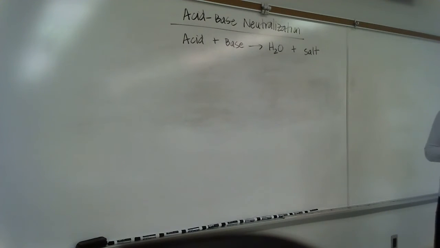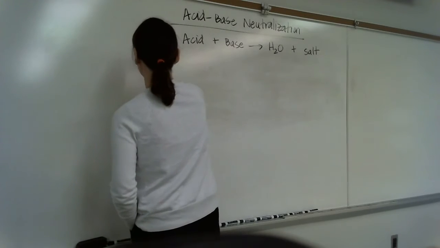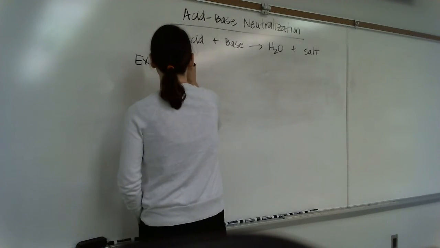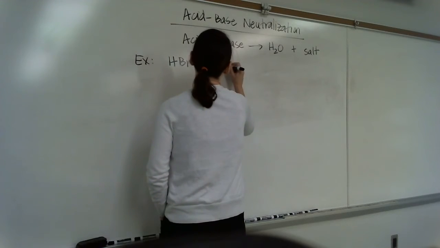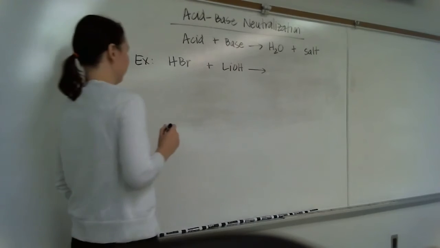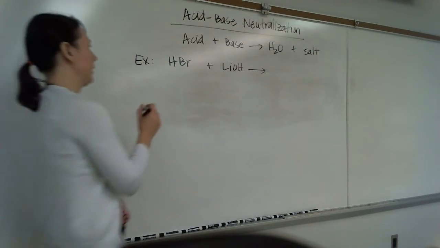Acid and base produce water and salt. So let's do an example. Let's do HBr as our acid and LiOH as our base. And these would both be aqueous.